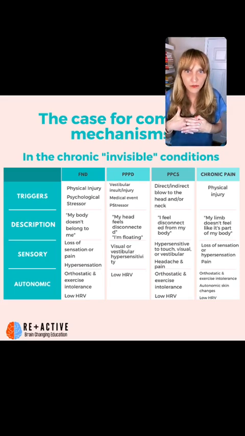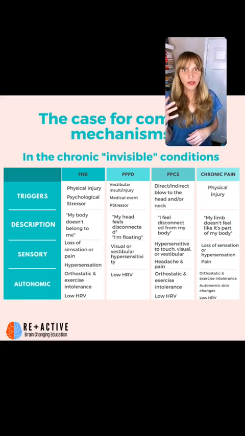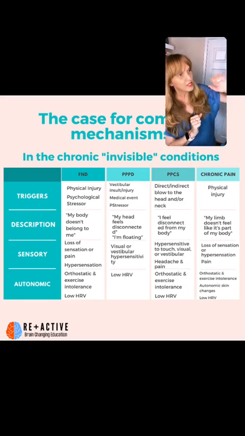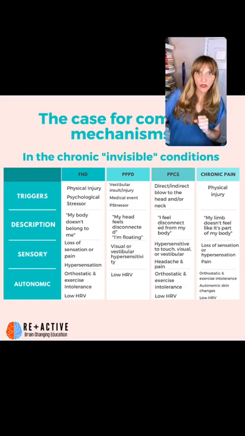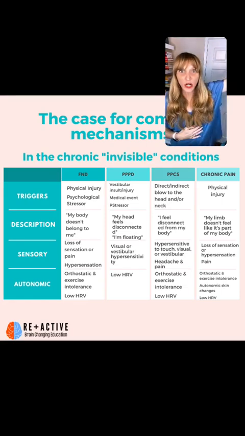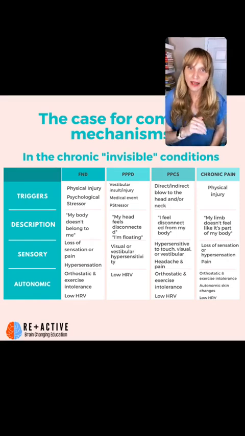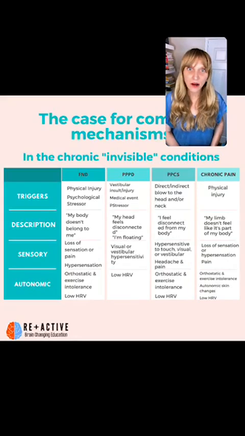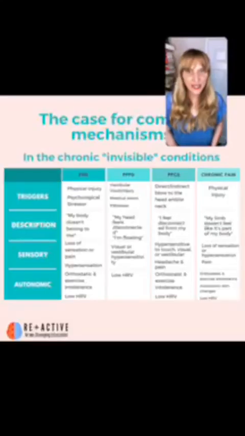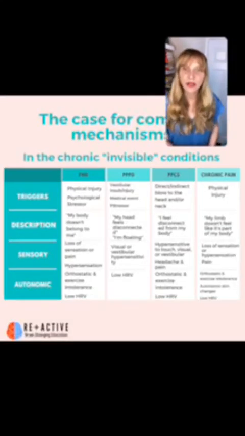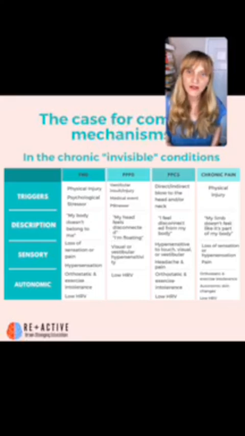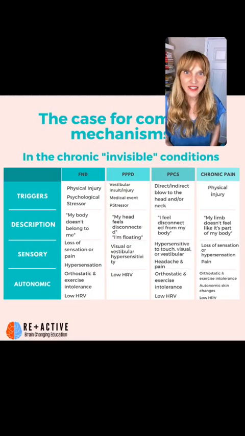This is why we have an integrated program for all of these diagnoses across the board, so that we're not just looking at visual symptoms or vestibular or sensory or autonomic or lifestyle, or one arm and one leg, but we're actually looking at a person as a whole, assessing and treating it. And I think that's one of the key take-homes with understanding some of the common mechanisms in invisible conditions, is that approaching that from a really holistic standpoint can lead to better outcomes.